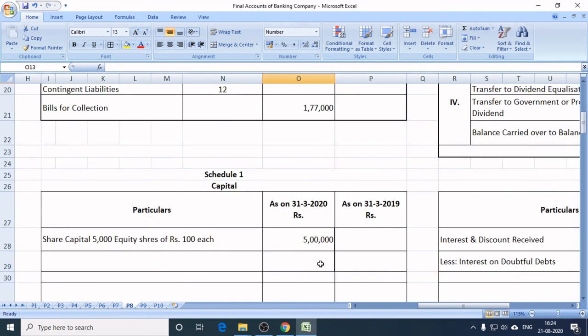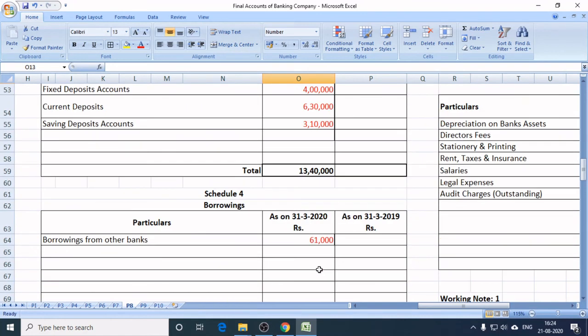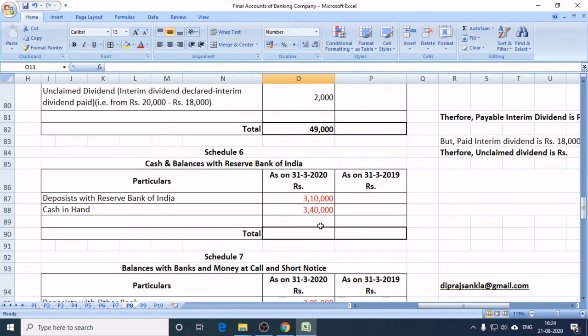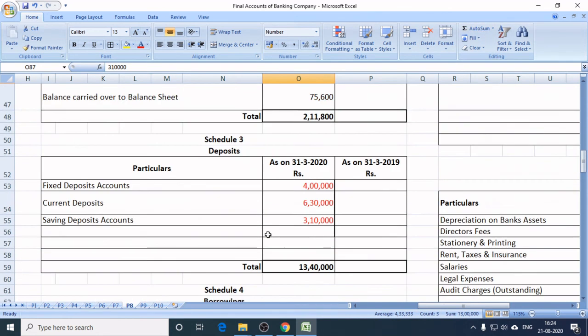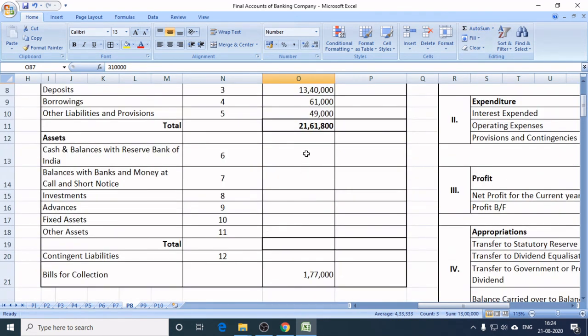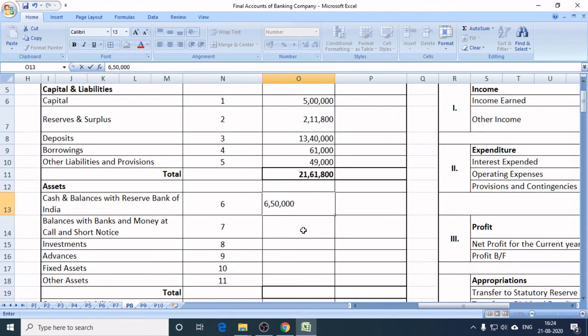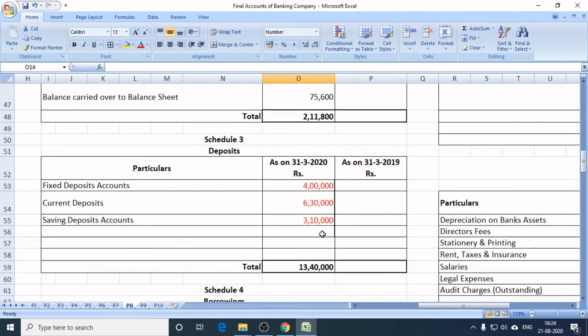Now let's close all the schedules one by one under the category of assets. The first one is schedule number 6. Its total is 6 lakh 50,000 rupees. Now schedule number 7.